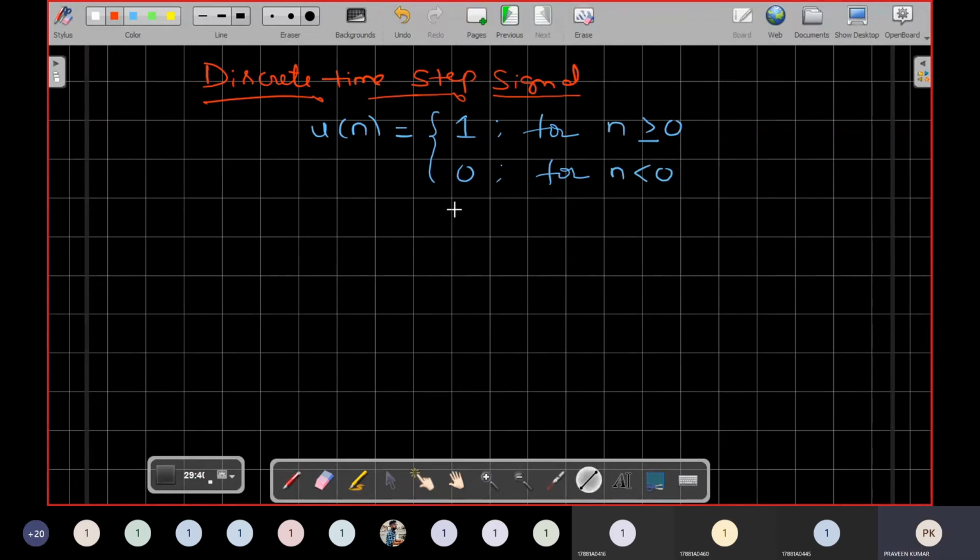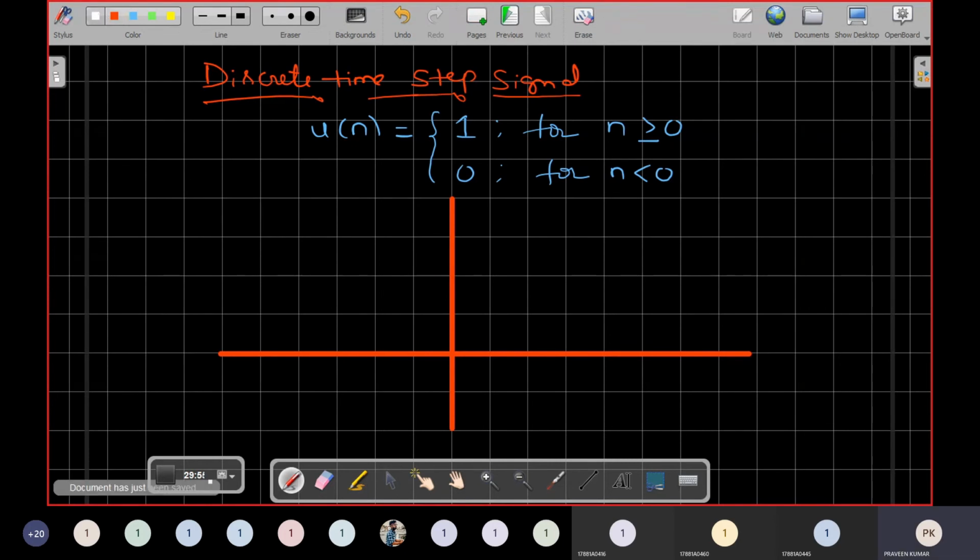And the graphical representation of this, I'll show the little bit of variation between the analog, the continuous, and the discrete. Normally what you do, the step signal simply has amplitude 1 for positive times and 0 for negative. We'll draw the step signal like this.